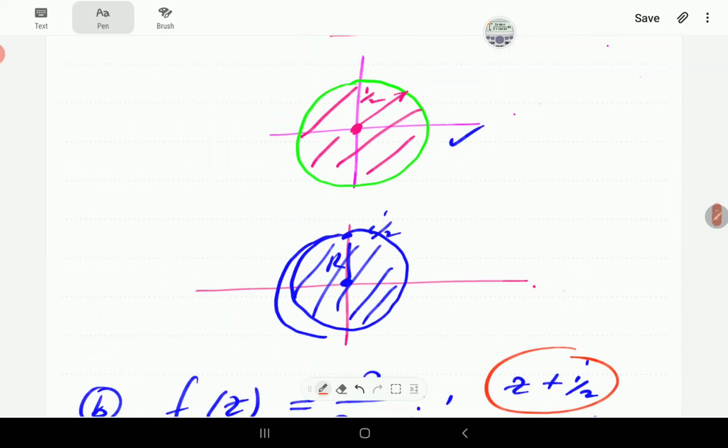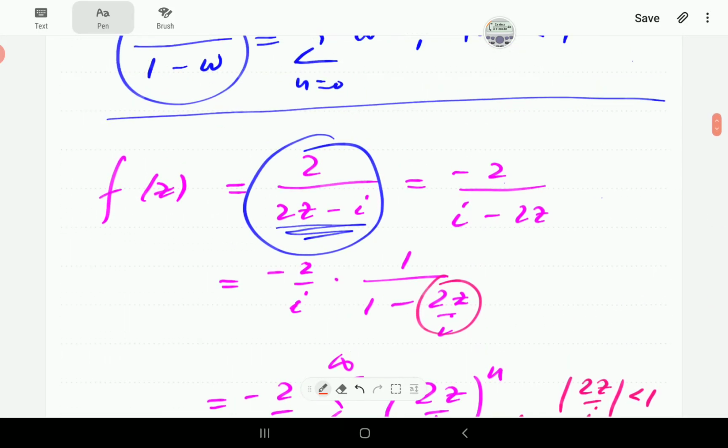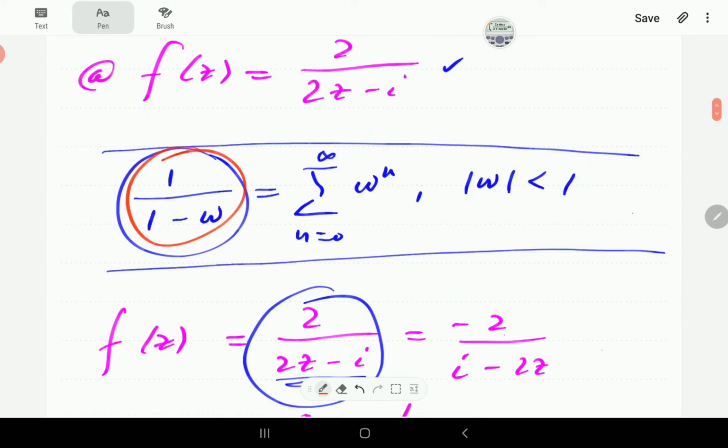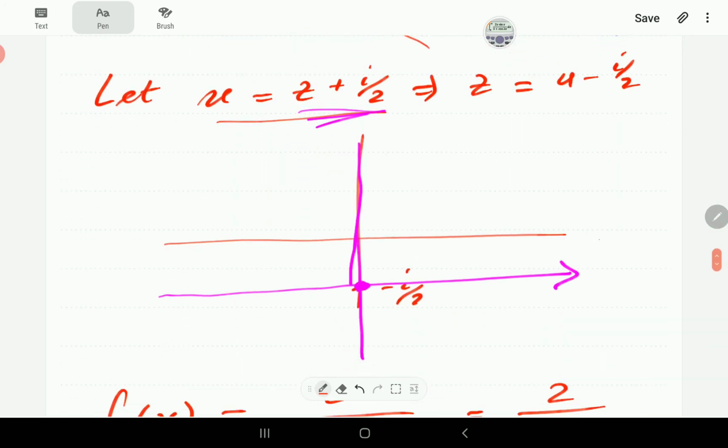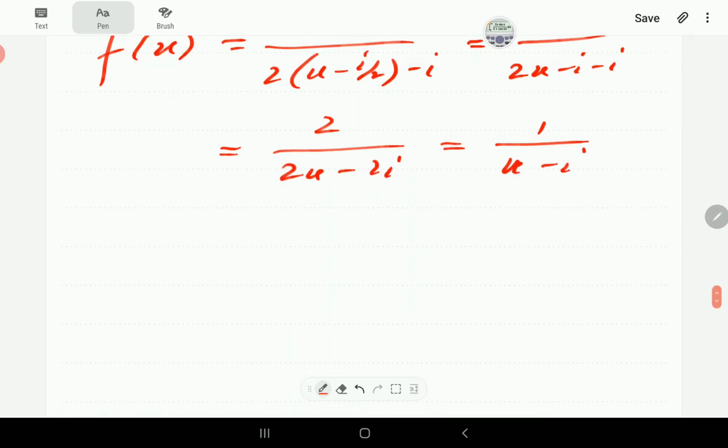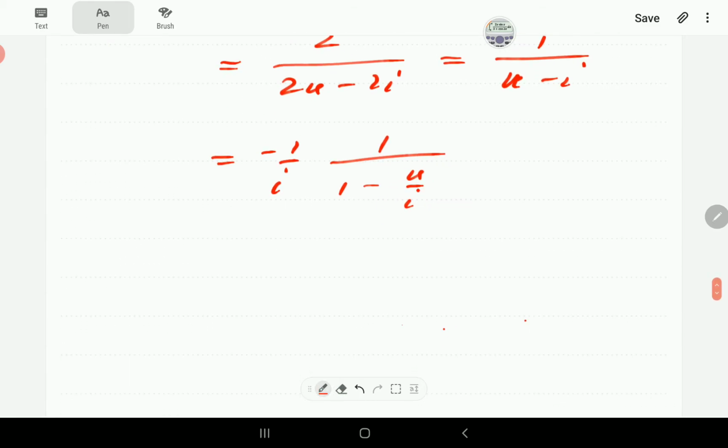Then again, we want to put this in the form 1 over 1 minus w. So what we need to do here is to factor out negative i in the denominator. So 1 over negative i. Then the denominator is now going to be 1 minus u over i. So that means this is our w.